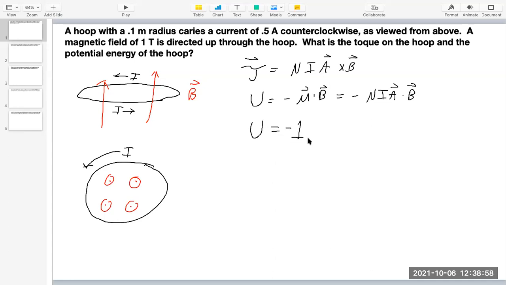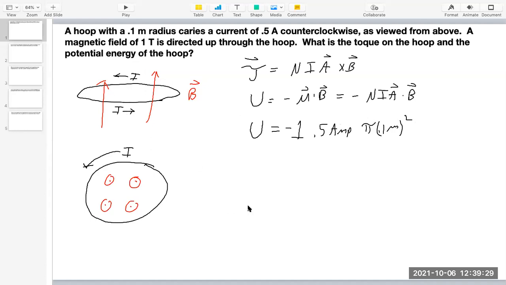N is one, because there's just one loop, not coils. Our current is 0.5 amps. The area would be pi r squared. And to put a vector on that, I don't have a coordinate system yet.